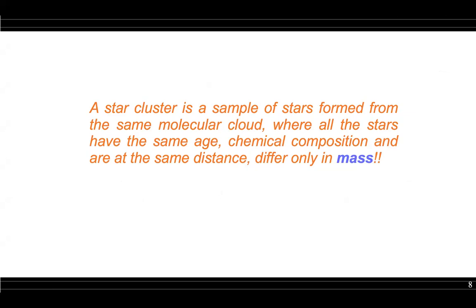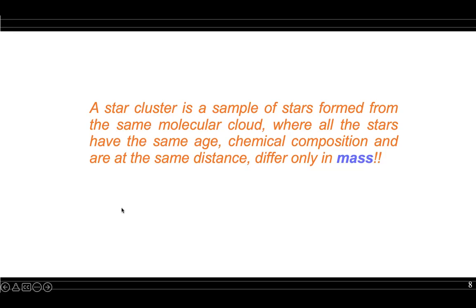So stars formed can be of a variety of masses. But since they are being formed at the same time, that's why we say the age is the same, and it's the same raw material from which the cluster is being formed. So the chemical composition is essentially the same.